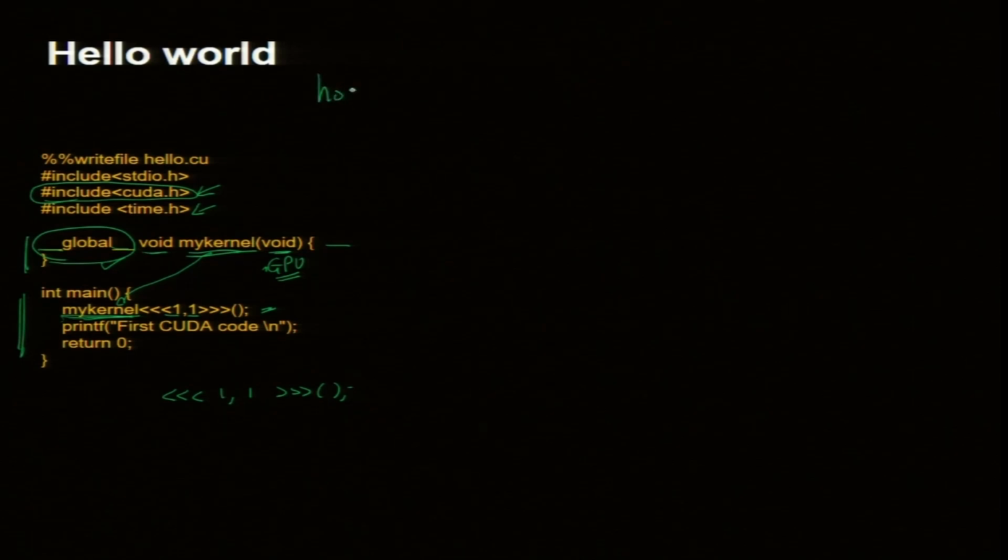Host is CPU, the main guy in the house. Host is CPU, and device is GPU. These are keywords, you will see these words very often, host and device. So, this is a function which is directed by the host to run on the device.